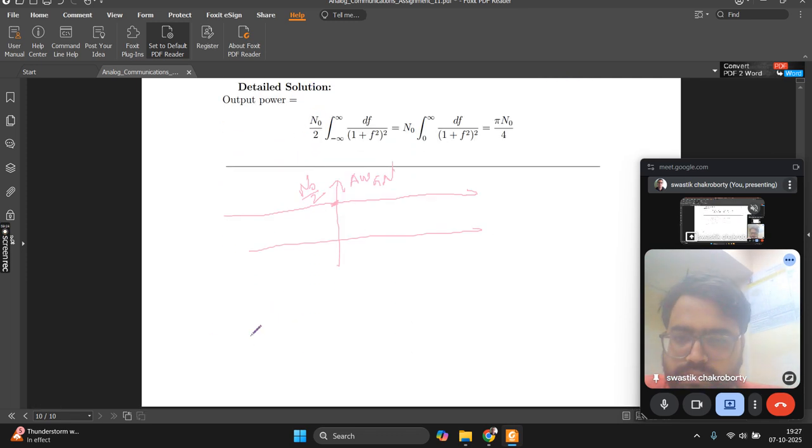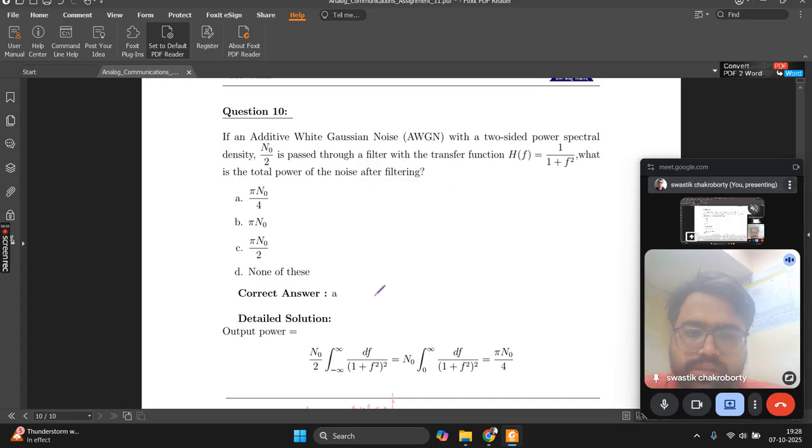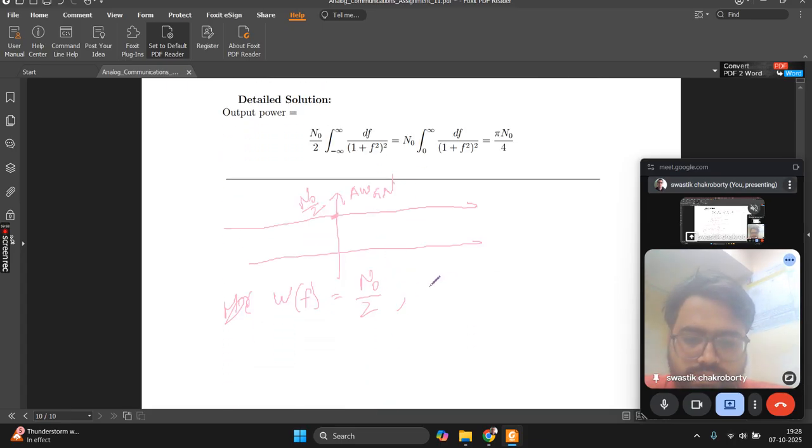So the noise is W(f) equal to N0/2, and it is passed through a filter which is given as H(f) equal to 1/(1 + f²). So the output Y(f) will be |H(f)|² W(f). Now |H(f)|² means (1/(1 + f²))², and this is times N0/2.